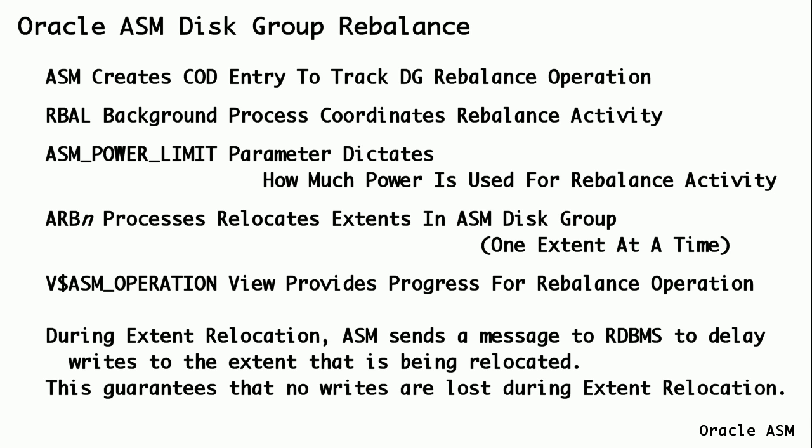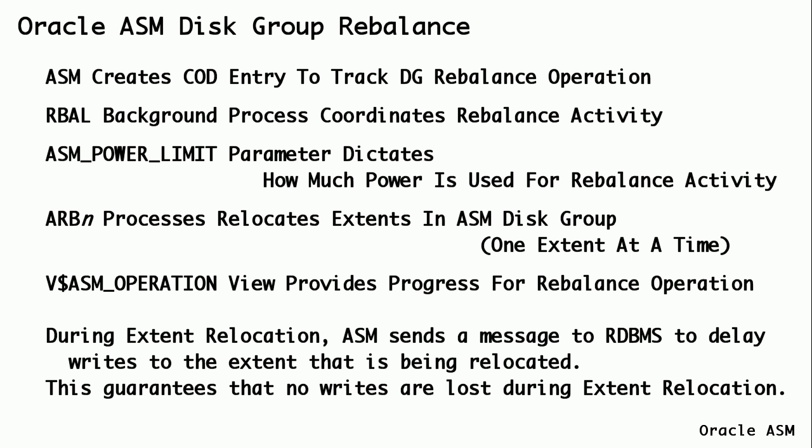It is possible to manually start a rebalance operation using the SQL command ALTER DISKGROUP REBALANCE. The rebalance operation moves the data between disks to ensure that every file is evenly spread across all of the disks in a disk group. It also makes sure that disks are evenly occupied. This ensures input-output load balancing across disks in a disk group.